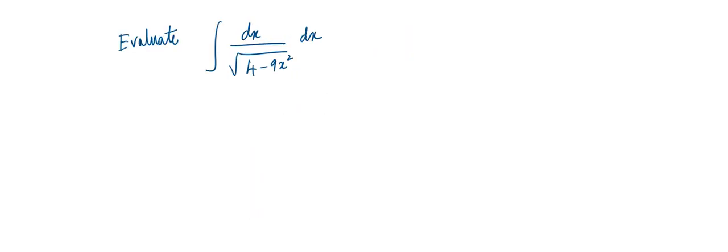So here's our problem where we evaluate an indefinite integral, dx over square root of 4 minus 9x squared. To quickly recall, this resembles, once again, the integral dx over square root of a squared minus x squared. The catch, though, is it's not just an x squared, it's got a 9x squared.